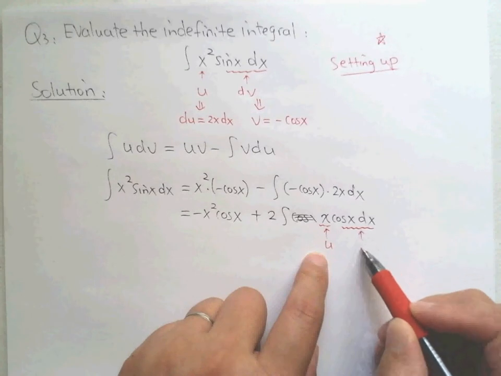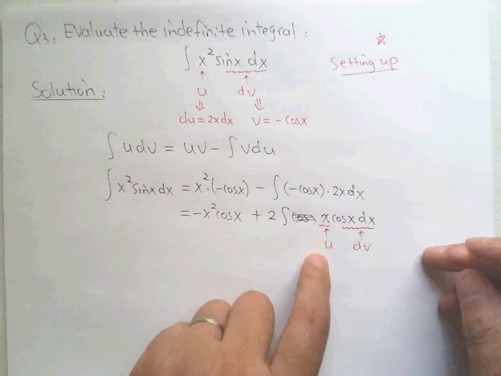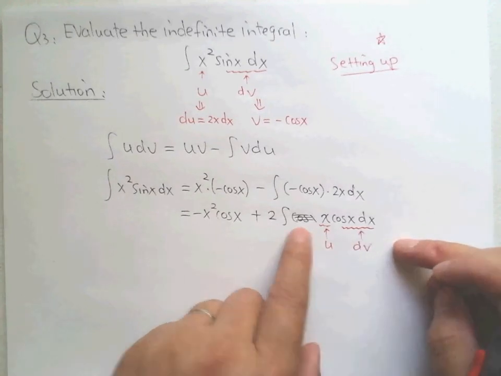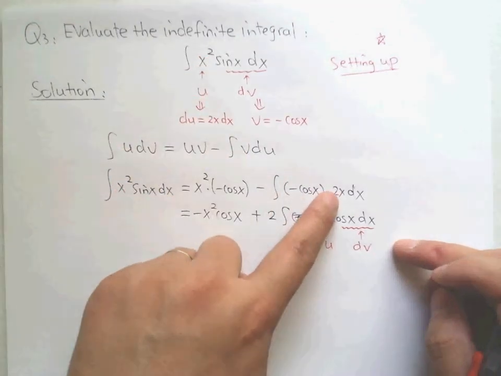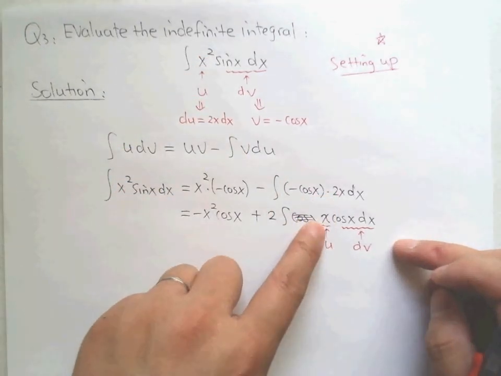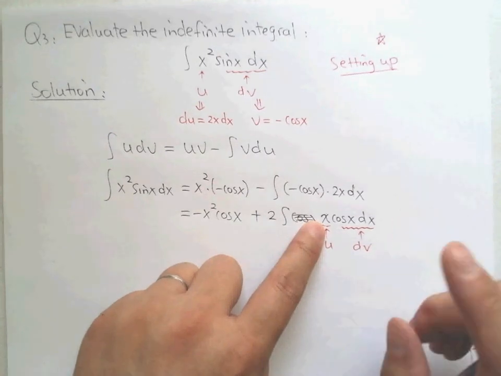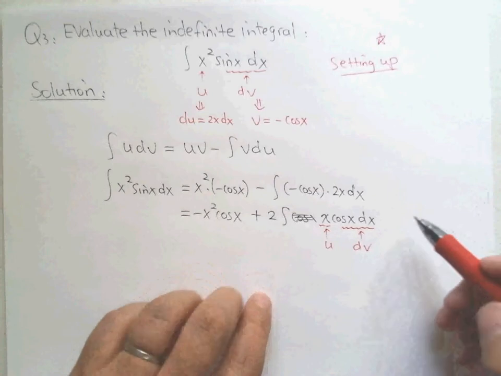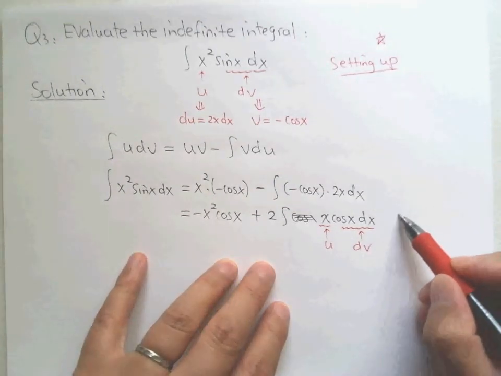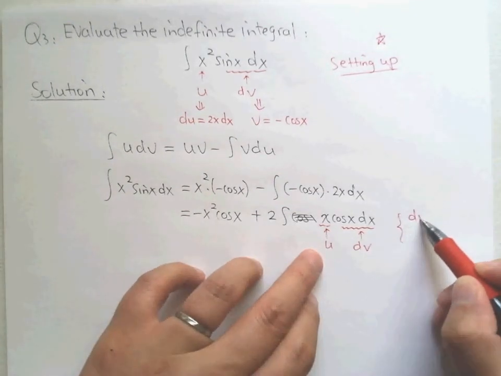So I want to set up this as u and this as dv again. Why do we do this? You can look at it. The first time, x squared set as u, taking the derivative goes to x. The second time, x taking the derivative goes to 1, right? So it gets simpler. And this v we can solve for, no problem.